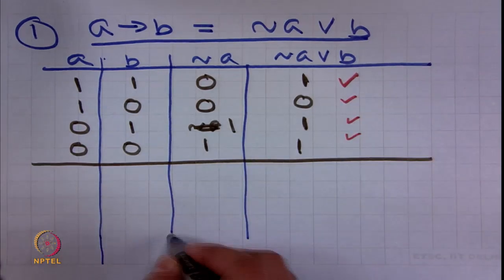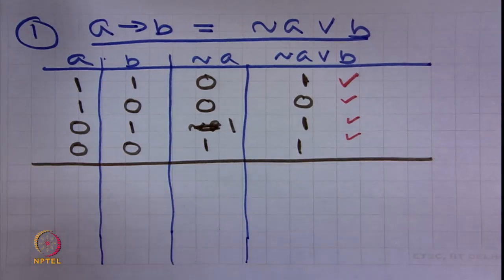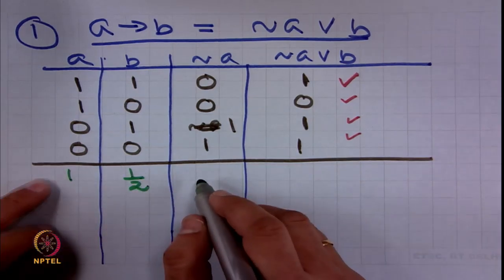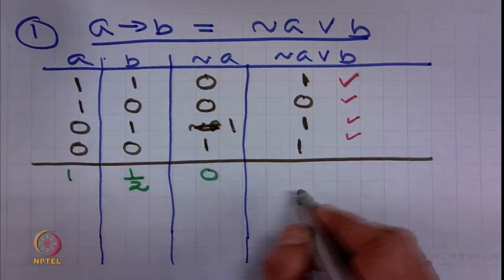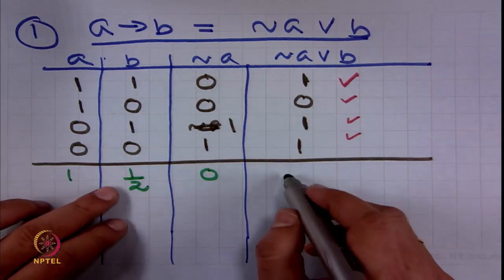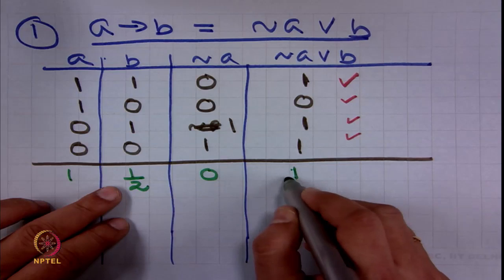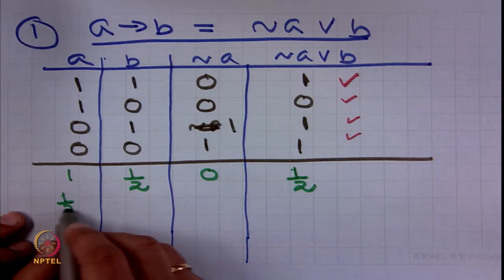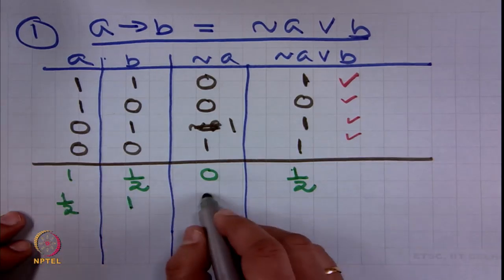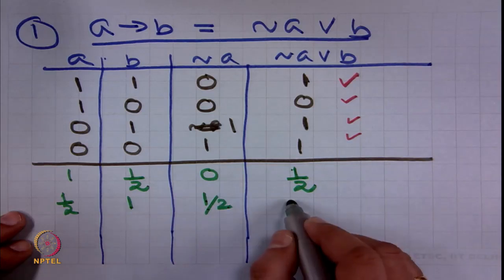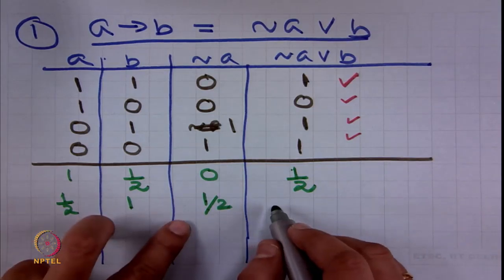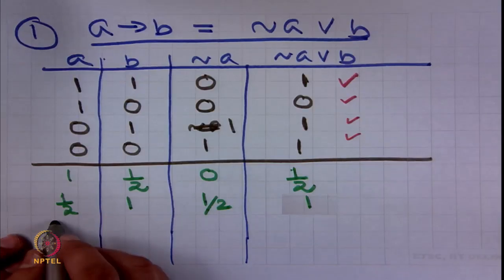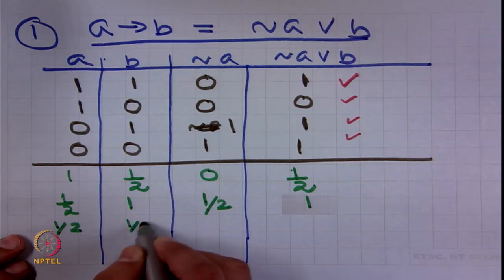So, let us do for the remaining 5. So, we take 1 half, therefore, not A is equal to 0, and therefore, not A or B is equal to half. In a similar way, half 1, not A is half, and we get or 1 and half by taking maximum, it is 1, half and half.